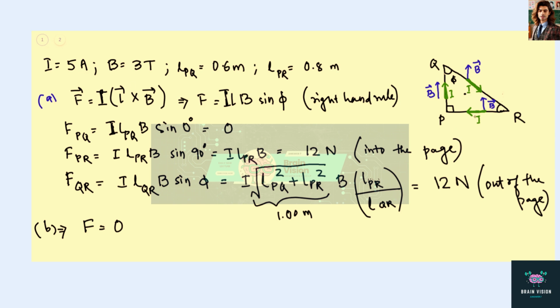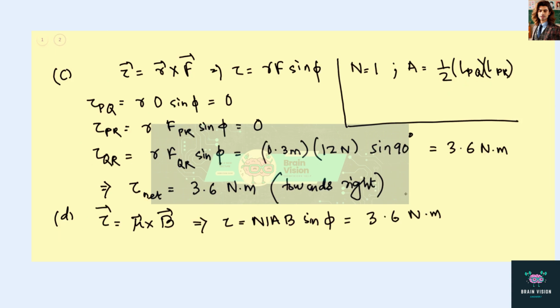If you apply it over here, you'll see that the moment is into the paper and the magnetic field is upwards. So applying the right hand rule to that, we get the torque to be also towards the right. So both the magnitude and direction we calculated here agree with part C.